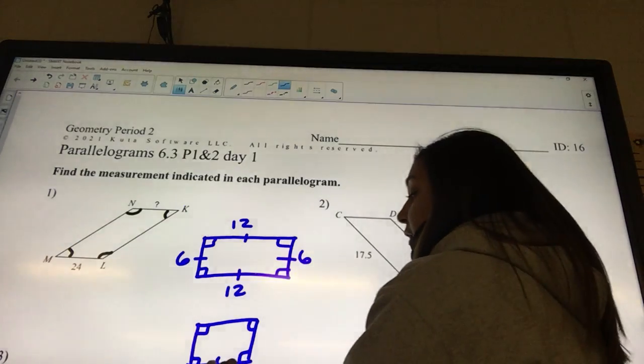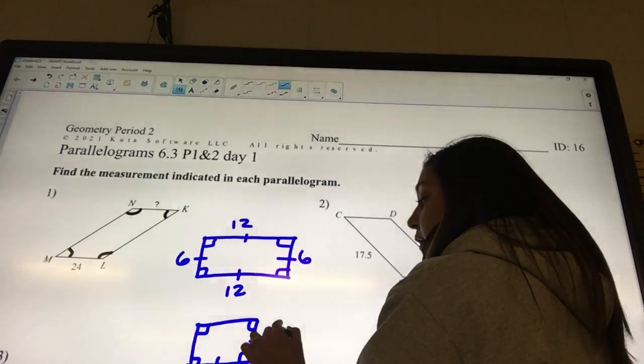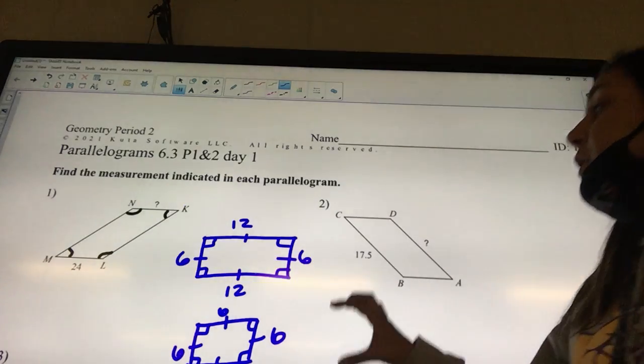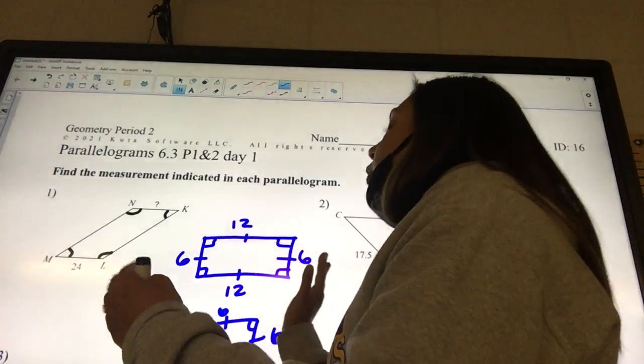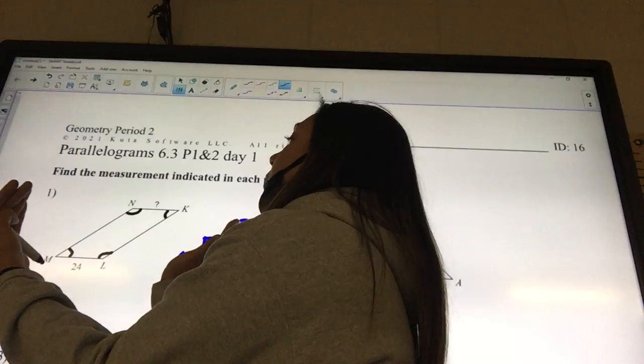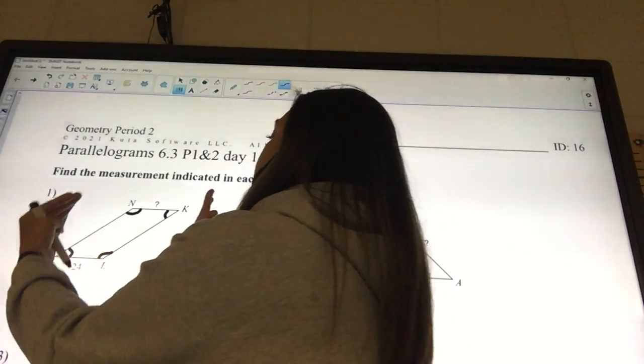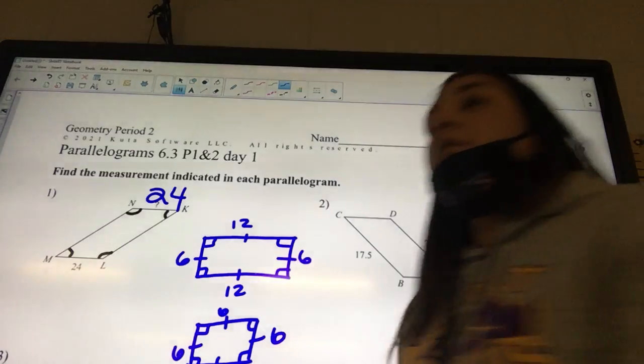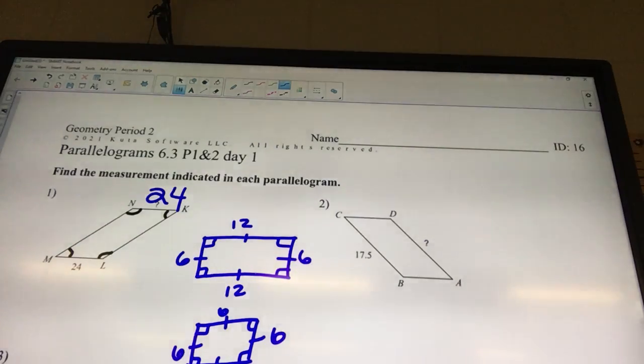If this is 6, what is this side? 6, and this side is 6, and this side is 6. That is the difference between a square and a rectangle. And this is kind of a rectangle, but it's tilted off to the side, as if you squished it and moved it up. So this one is going to be 24. Write it down.